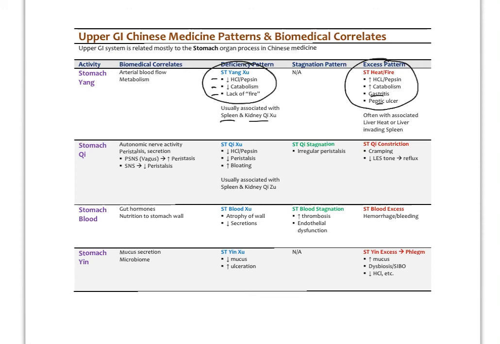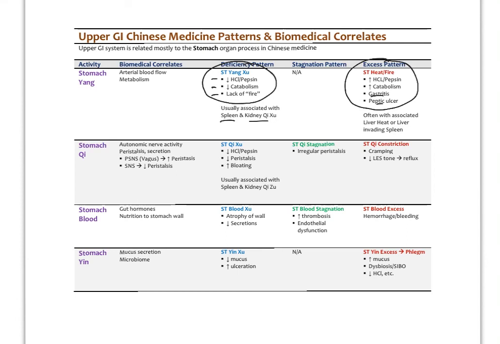And there we often see liver heat, which would really be an overactive bile picture, bile secretion, and so forth. In fact, this condition of liver invading spleen, we can really think of that as bile refluxing up into the duodenum, up into the stomach. And a lot of people with acid reflux actually have bile reflux, not acid reflux. And so that would be that heat pattern.